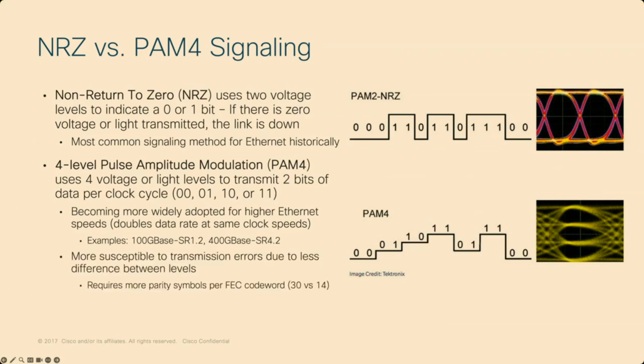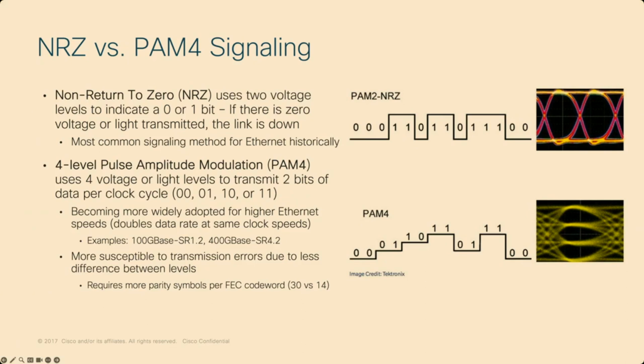So the problem with using a signaling method like PAM4 is, okay, I've got these 4 different levels of voltages or 4 different intensities of light, and the challenge with that is that because they're so much more close together, it's a lot more susceptible to noise. So in order to do that, that's why we have those additional parity symbols in the FEC code word.